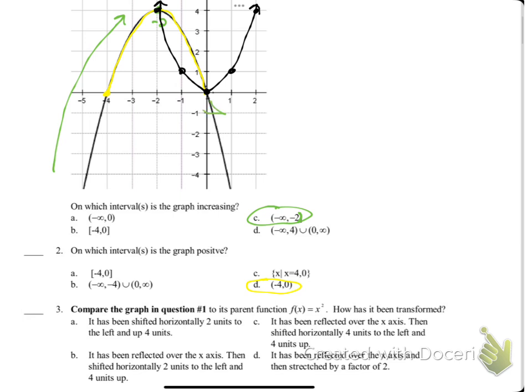So the transformation here would be left 1, 2, and then up 1, 2, 3, 4. So left 2, up 4, and reflected over the x-axis. 2 units to the left, up 4, reflected over the x-axis. Okay.